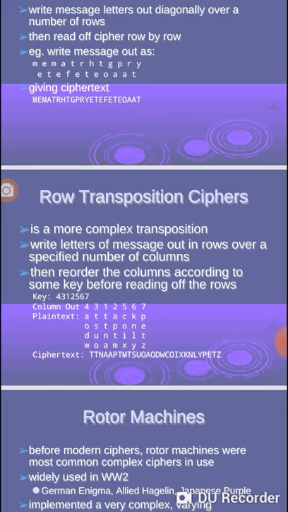The key is 4 3 1 2 5 6 7, so the column output order is 4 3 1 2 5 6 7, and the plain text is written row-wise: attack postponed until 2 am xyz. Then we read column-wise, the first column, second, third, fourth, fifth, sixth and seventh, and we get the ciphertext.